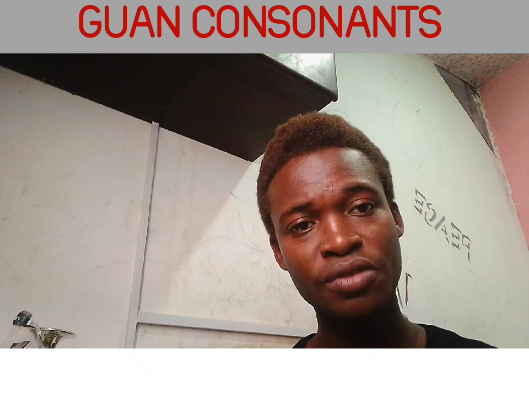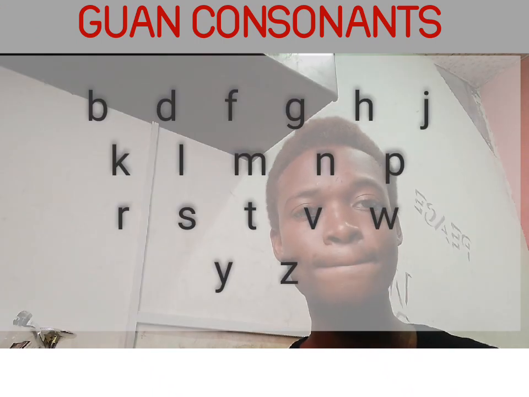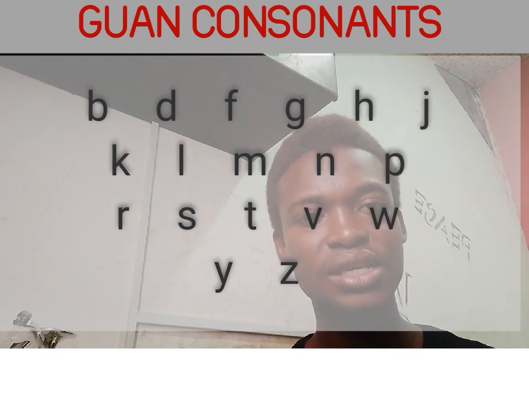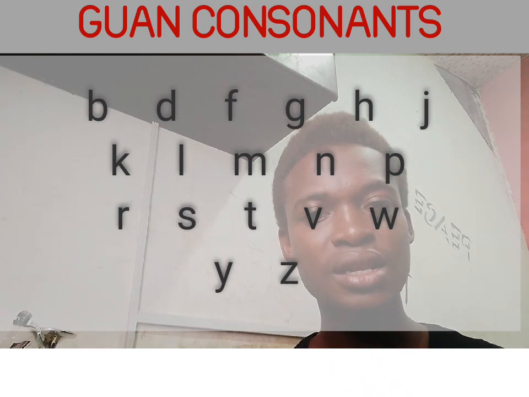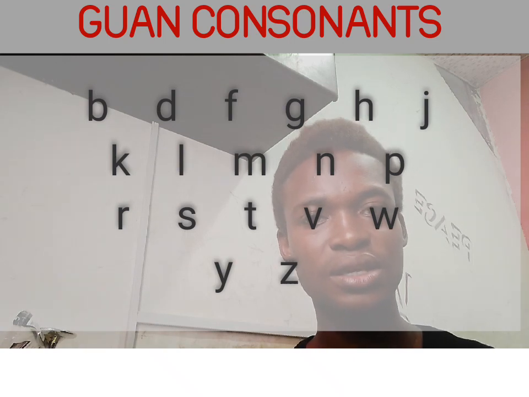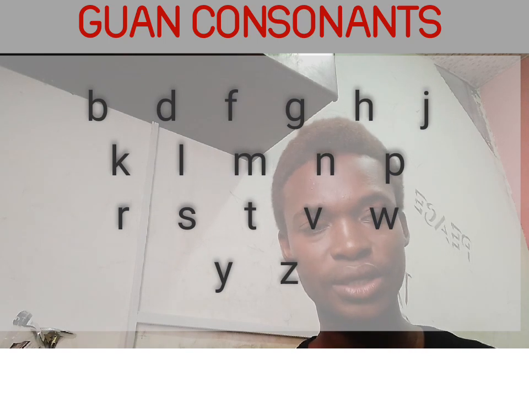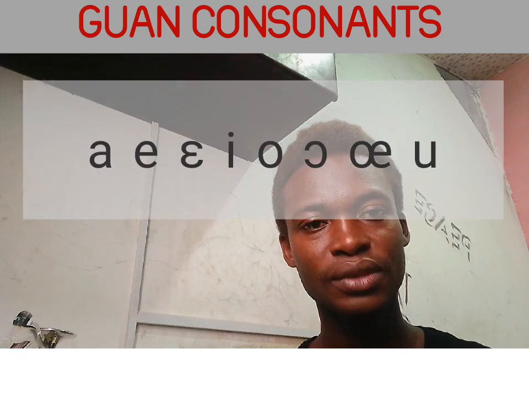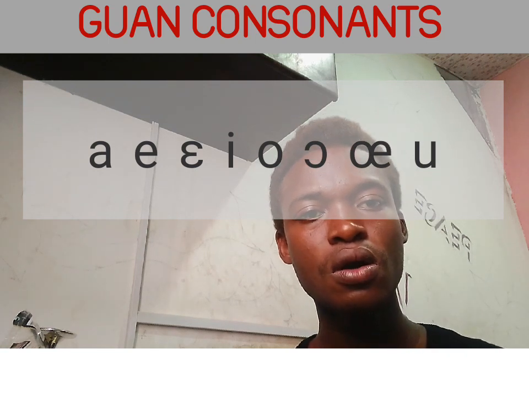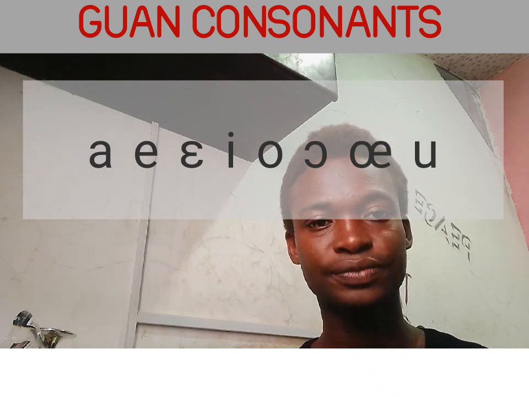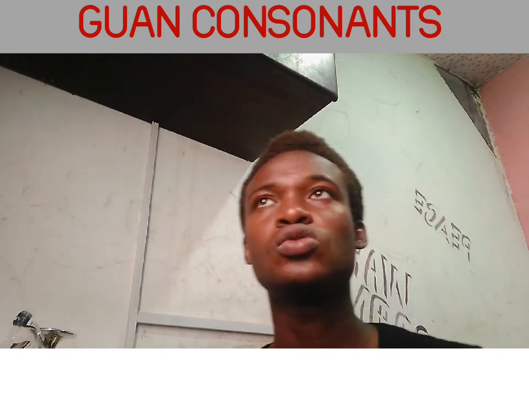If you remember from the previous video, as in the description box, we have B, D, F, G, H, G, K, P, R, C, T, V, W, Y, and Z. Likewise, we have the vowels: A, E, I, O, U. As I told you, it's mostly in the liquid language. Now let's move on to diphthongs.